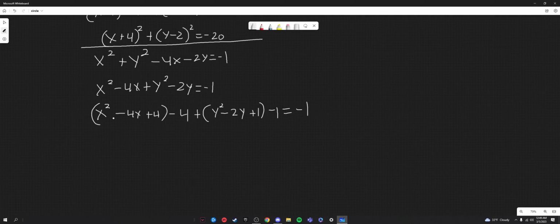Now we can just factor these into their perfect squares. We have x minus 2 squared, minus 4, plus y minus 1 squared, minus 1, equals -1. So if we add 1 to both sides, that becomes 0. Add 4, we have 4.